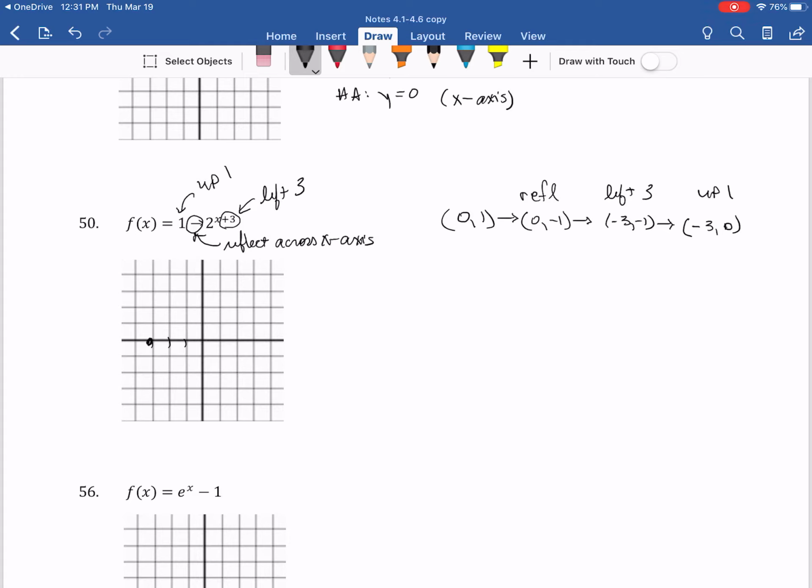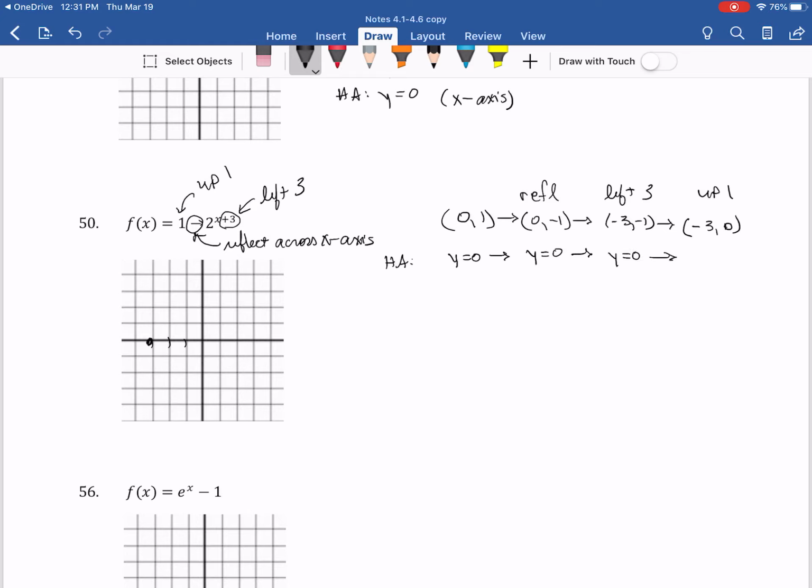Okay. What about the asymptote? So the original horizontal asymptote was the equation y equals 0, right? It always starts with the x-axis as your horizontal asymptote. As you reflect across the x-axis, that does not go anywhere. Reflection on itself doesn't change. When you go to the left 3, that does not change.